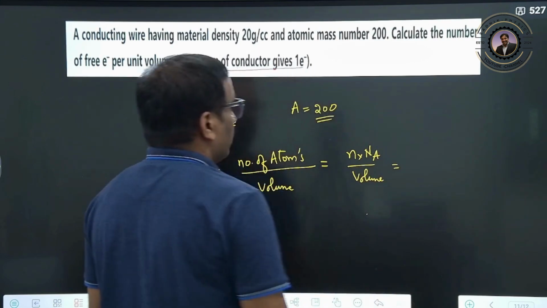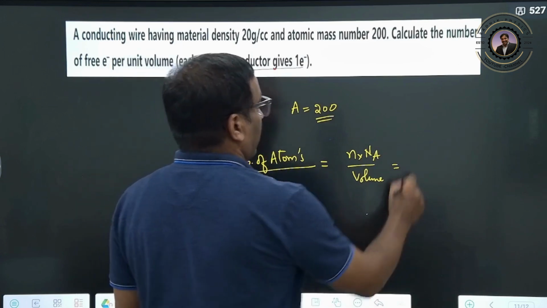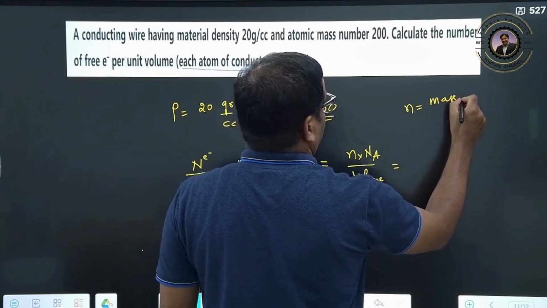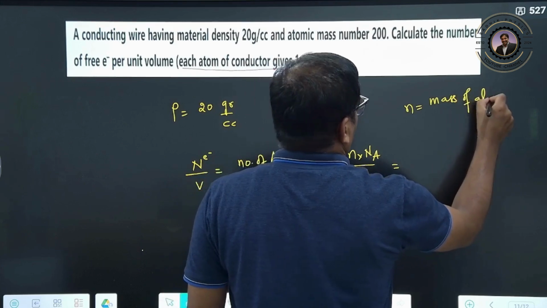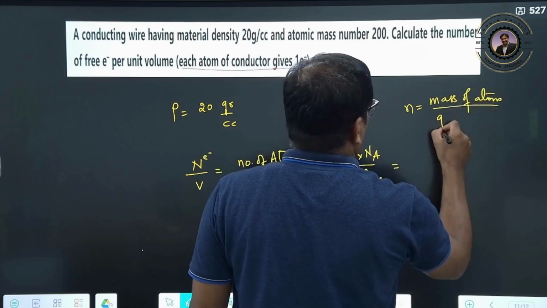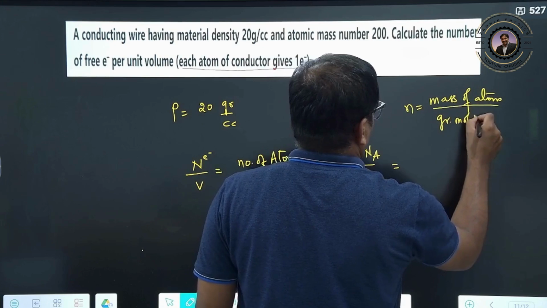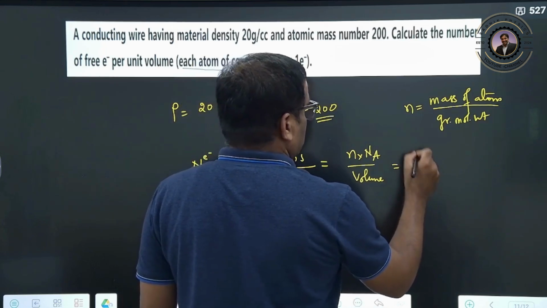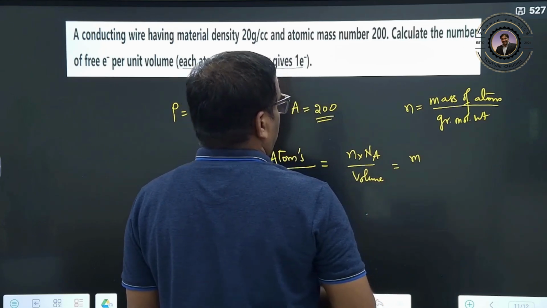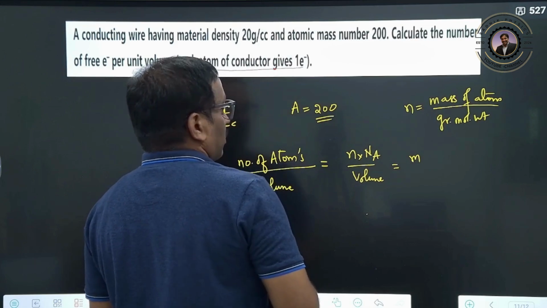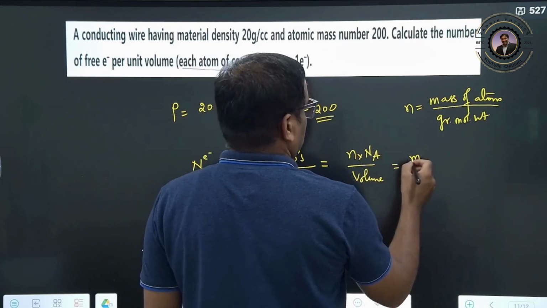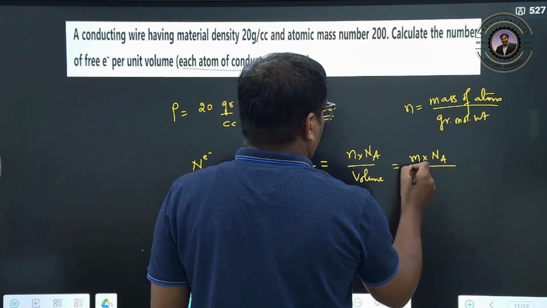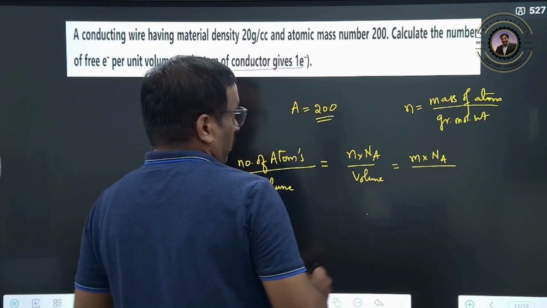Clear? So number of moles can be calculated as the mass of the given atom divided by gram molecular weight. So that means number of moles can be written as mass into Avogadro number divided by gram molecular weight.